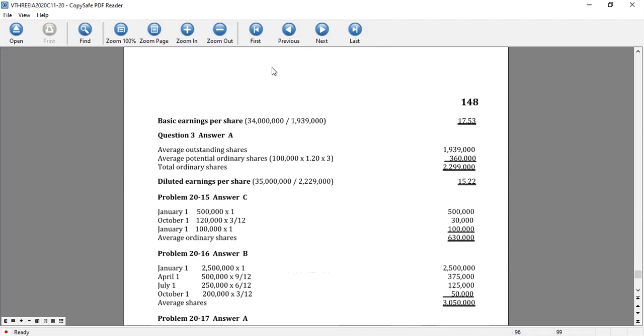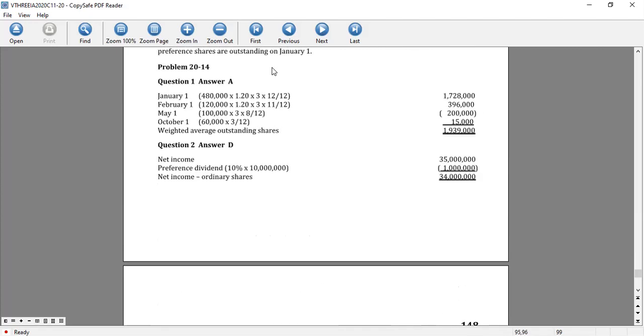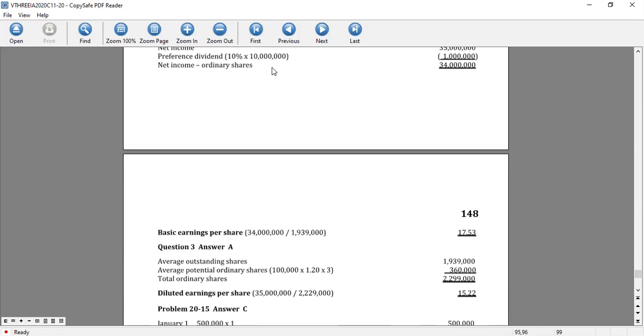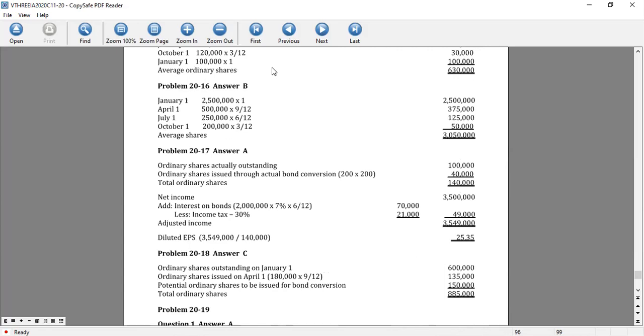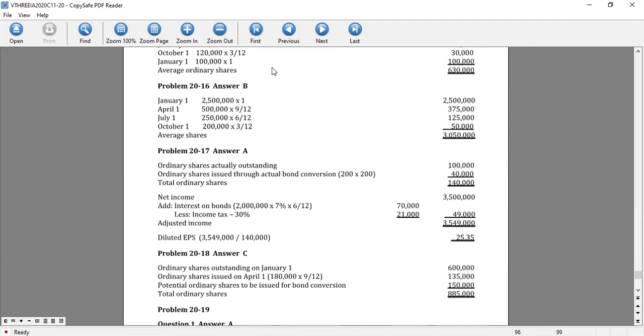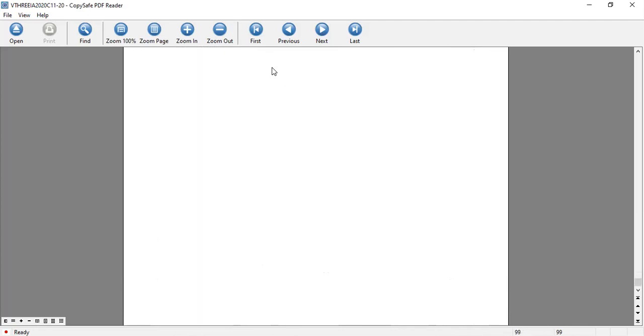Right. So next is 20-14, followed by 20-15, and 16.